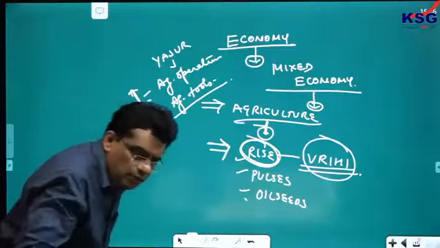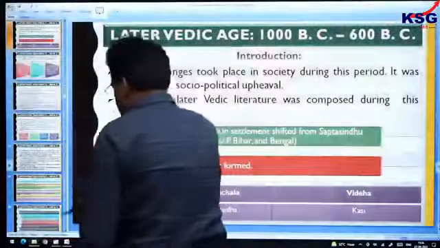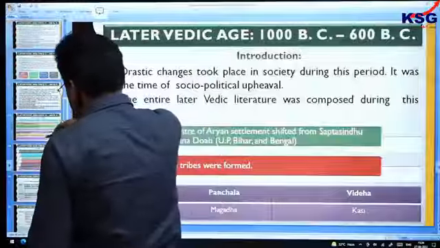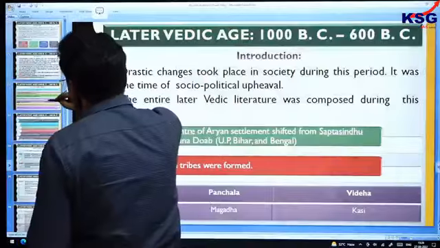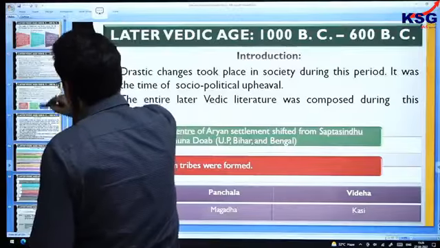Okay, then come to the political system of the later Vedic period.